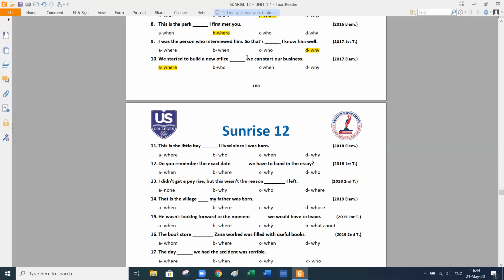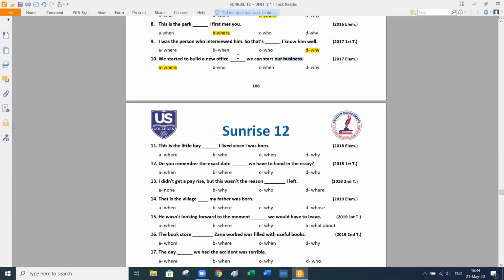So we is the subject. Can start is the verb. Our business is the object. What do we start? We start a new business, our business. That's the object. We is the subject. We have a subject and an object already in the sentence.